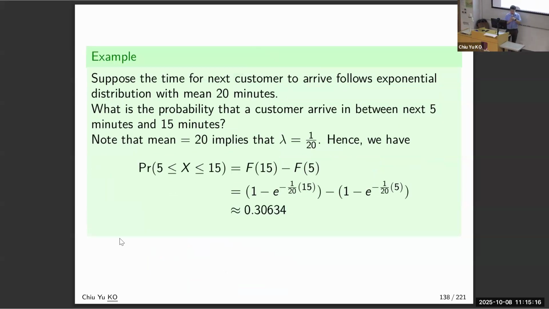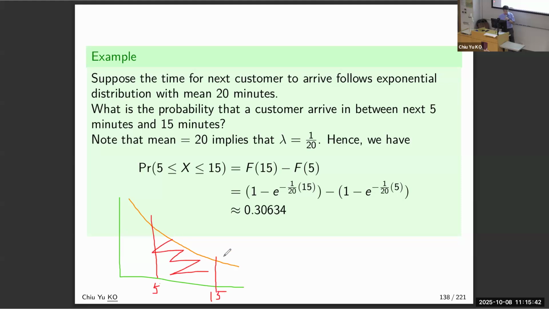And the same if you want 5 to 15, just take a subtraction, right? Because the idea is this. Again, you have an exponential, and you want the number to be between 5 and 15. You want this area. How do you find the red area? The big F will give me the area under the curve.